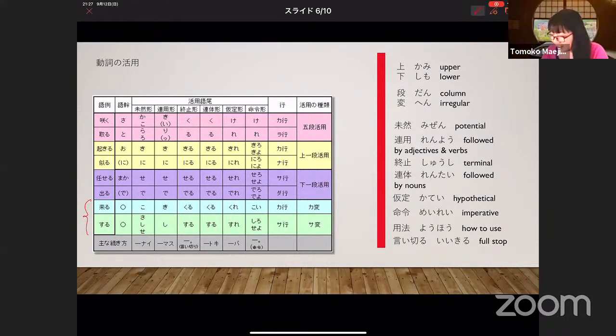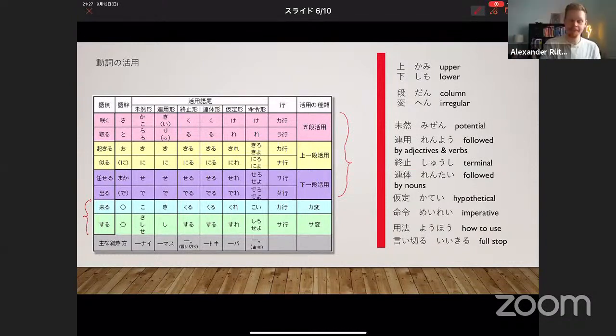So actually, we have 3 of these here. That's what I'm gonna explain, and we're gonna practice tonight.